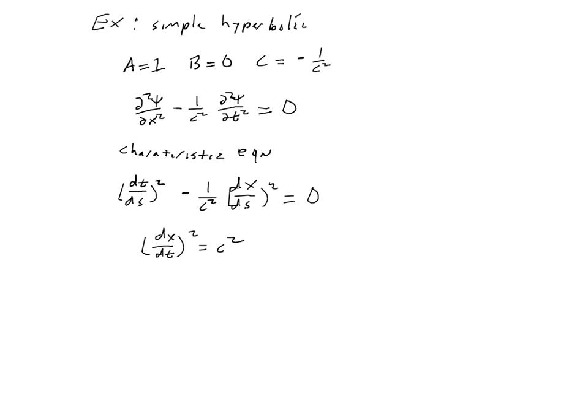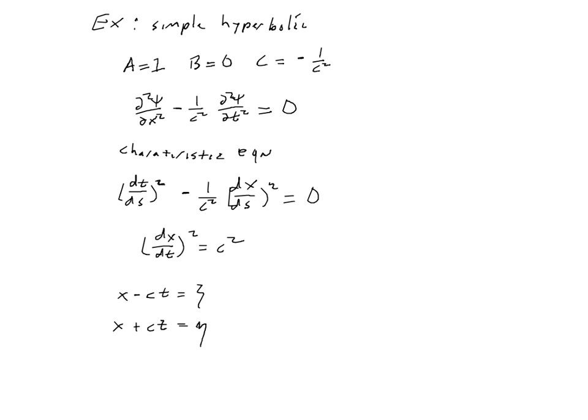So if you look at this, you can get some simple solutions. One is x minus ct is equal to some constant we're going to call zeta, or x plus ct is equal to a different constant called eta. Each one of these corresponds to a physical system traveling at the wave's velocity.